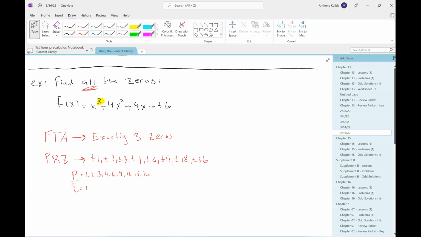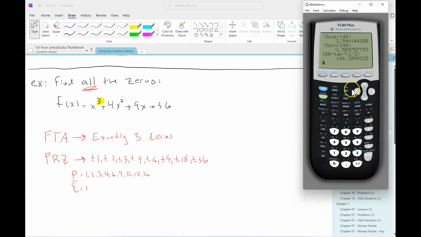All right, to decide which one of these I want to start my synthetic division with, what should I do? We'll look at the graph, because if none of the x-intercepts correspond to any of these, I am up a creek without a paddle.